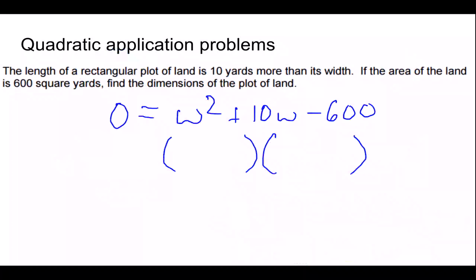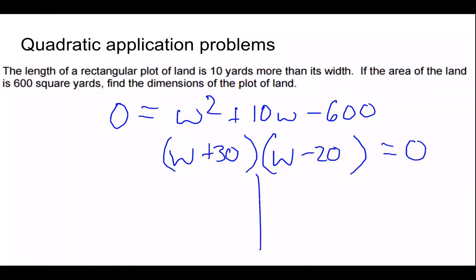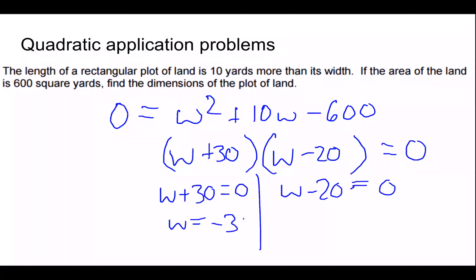So when we're factoring, this breaks down into W and W. And since it's negative 600, if you took positive 30 and times it by negative 20, now we'll break this up and say that W plus 30 equals 0, and W minus 20 equals 0, and I would end up getting that W equals negative 30 and W equals 20.